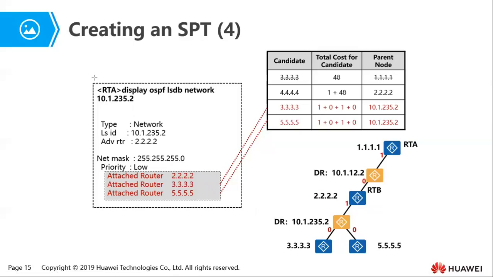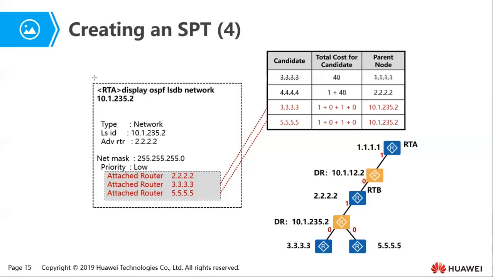Shortest path tree, SPT. We're creating an SPT, shortest path tree. You've been saying RPT. Oh, sorry. Shortest path tree. RPT is what we call a rendezvous point tree, which we're going to look at much later. I'm sorry about that. So SPT.